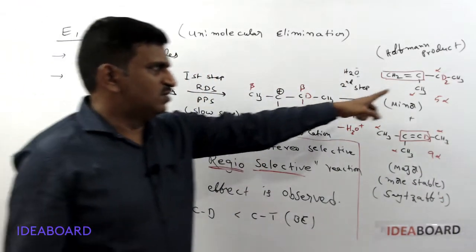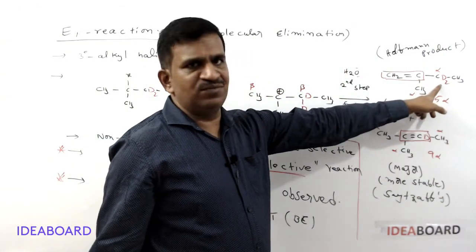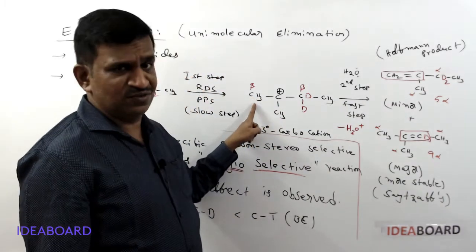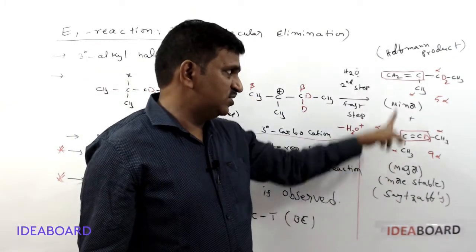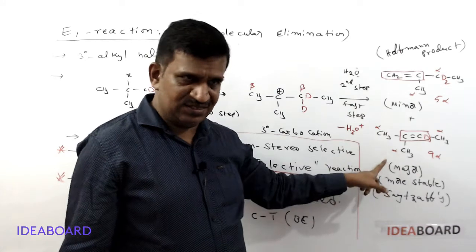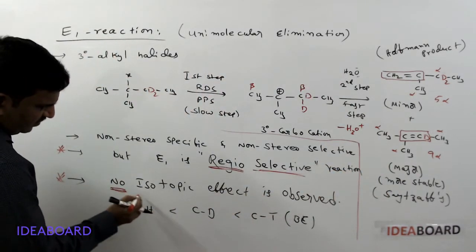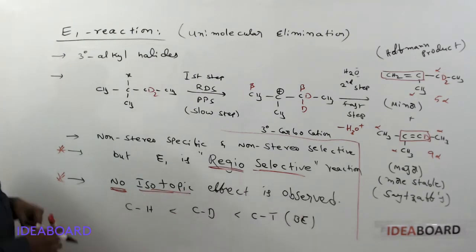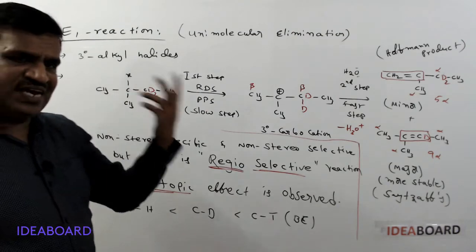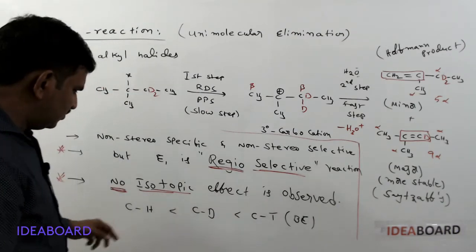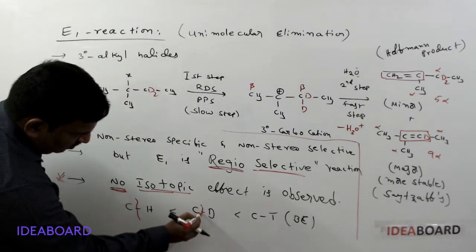So CD2 here, CD2, because this is not removed, we are removing this hydrogen only. So this is formed, or this is formed, when we check here, there is no isotopic effect. No isotopic effect means there is no influence on the rate of reaction for the dissociation of a CH bond.